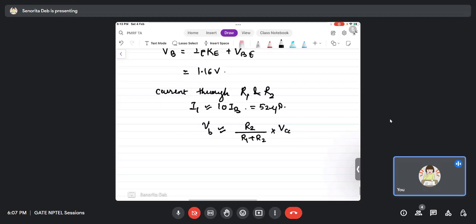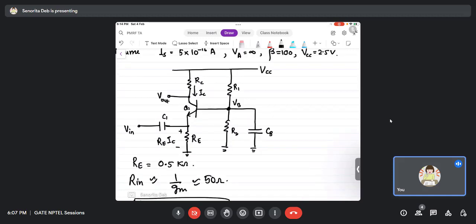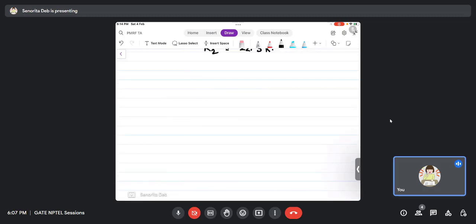Now a new thing here is that there is a presence of C1 in the circuit and we have to now find out C1. Okay, so for finding out C1 the procedure is like this. We normally take the impedance offered by C1, 1 by C1 omega, to be very much less than 1 by Gm, so that the circuit behaves properly.